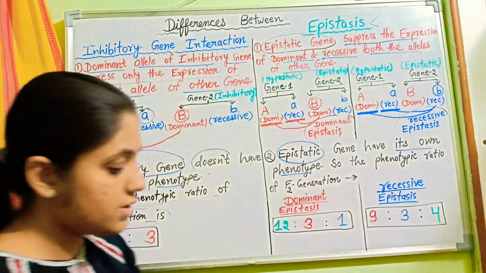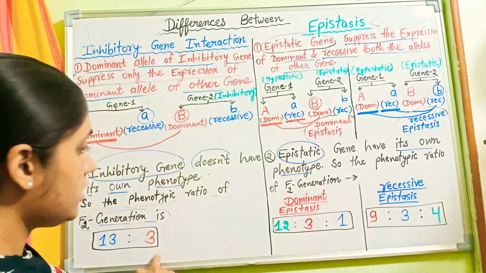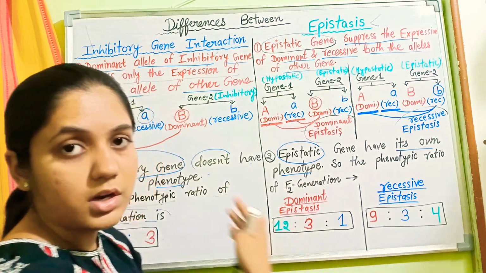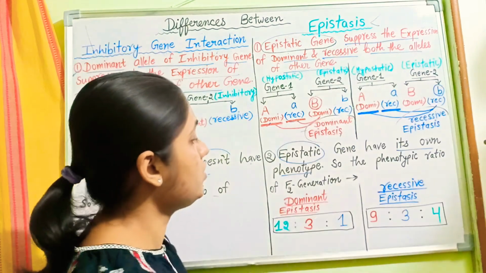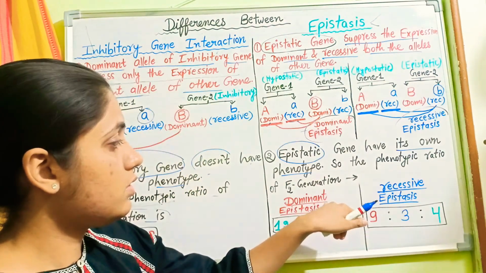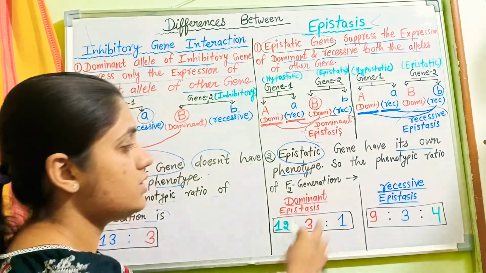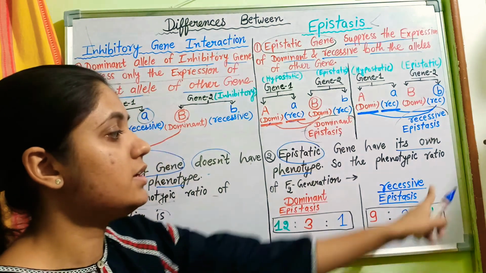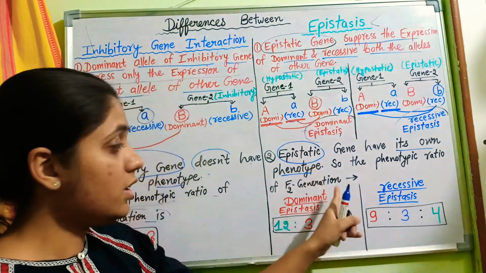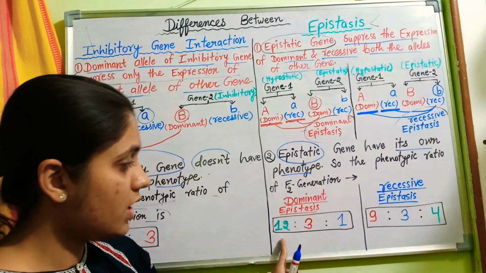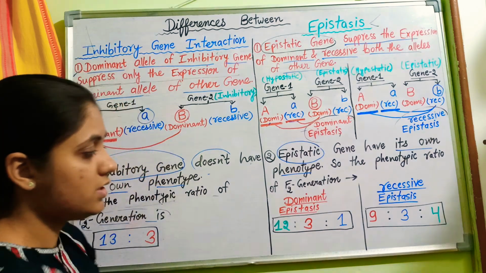Okay, but here you can see the main difference that we can understand clearly. In epistasis, this is of two types. First is the dominant epistasis and second is the recessive epistasis. So in the dominant epistasis, the ratio is 12:3:1, and here you can see this 12.